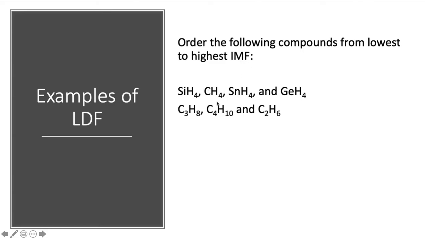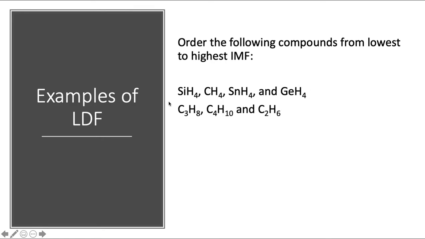And then if you look in the periodic table, silicon is the next atom. So it is a little bigger than carbon, but not as big as these other two. So silicon will be next lowest. And then germanium will be next after silicon.